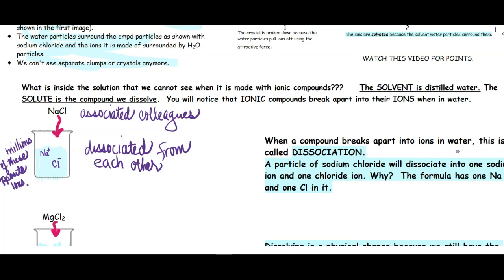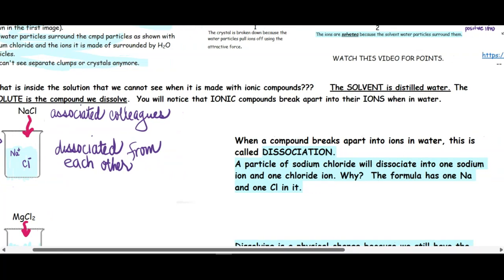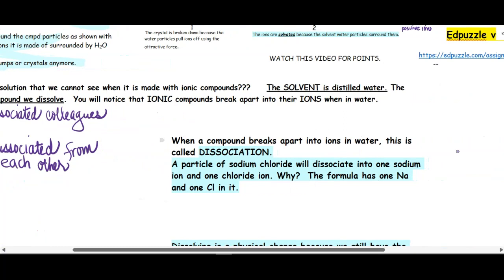So see how dissociate's not really that technical of a word. It just means breaking apart. So when a compound breaks apart into ions in water, this is called dissociation. So a particle of sodium chloride will dissociate into one sodium ion and one chloride ion. Why? Because the formula NaCl has one sodium and one chlorine in it.